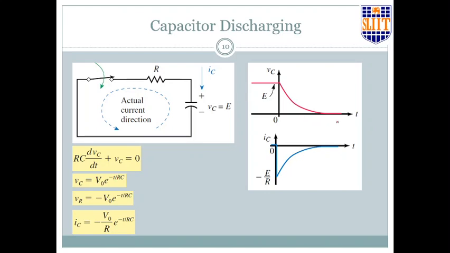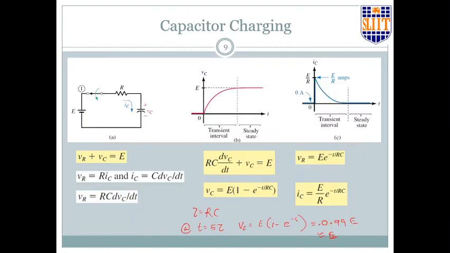So it is the discharge curve that you have now, and in this case again, at 5 times the time constant, we assume that the capacitor is fully discharged, right? Like in this case it is 99% discharged.